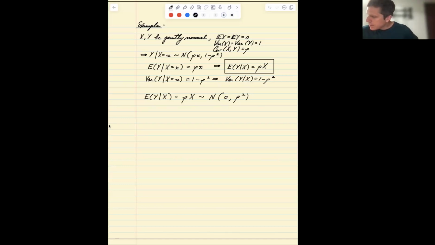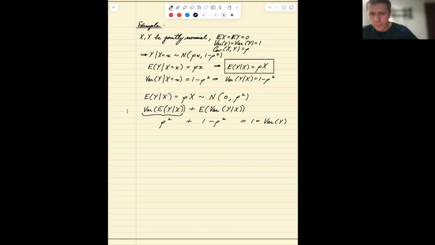Now think about the variance of y: it's the variance of the expectation of y given X plus the expectation of the variance of y given X. Well, the variance of the expectation, we've already calculated, is rho squared. The expectation of the variance, well, the variance is constant, so it's 1 minus rho squared. This equals 1, which equals the variance of y.